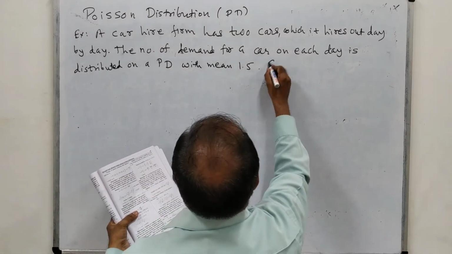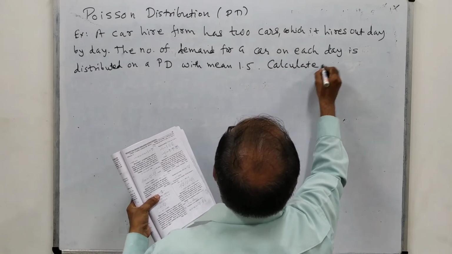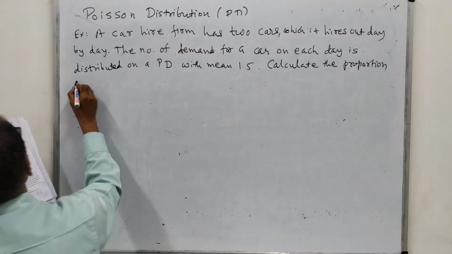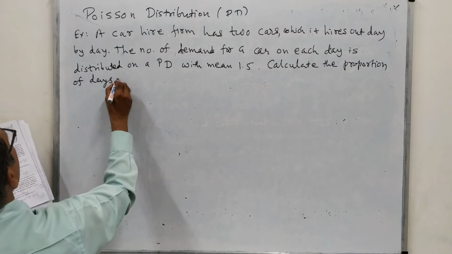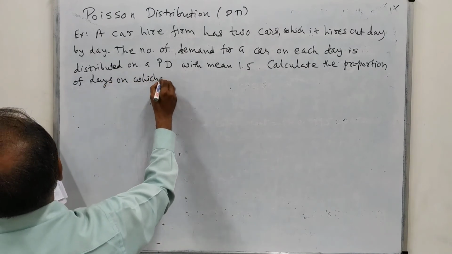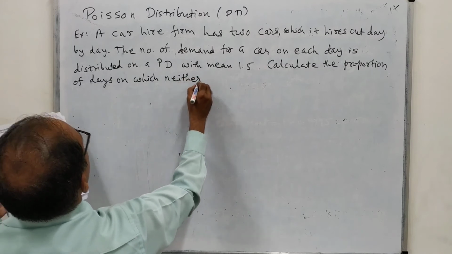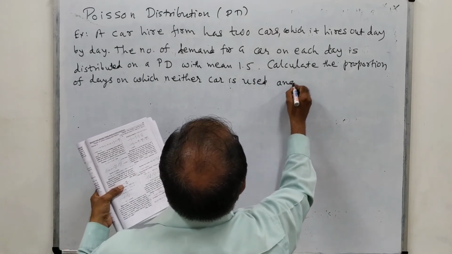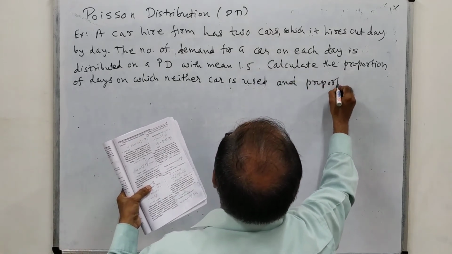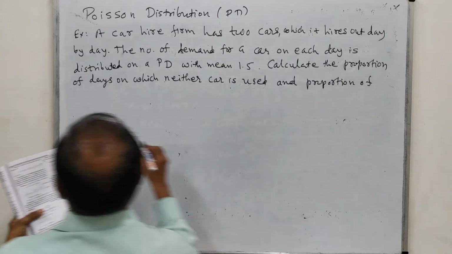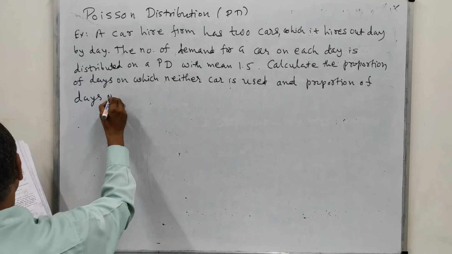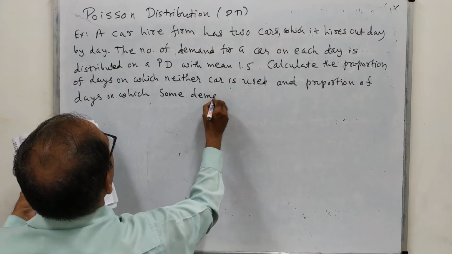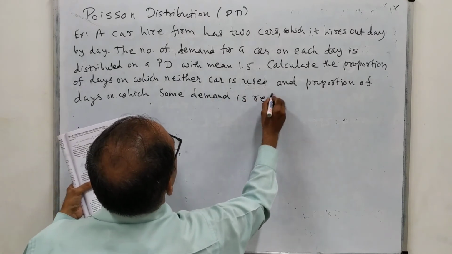Calculate the proportion of days on which neither car is used and the proportion of days on which some demand is refused.